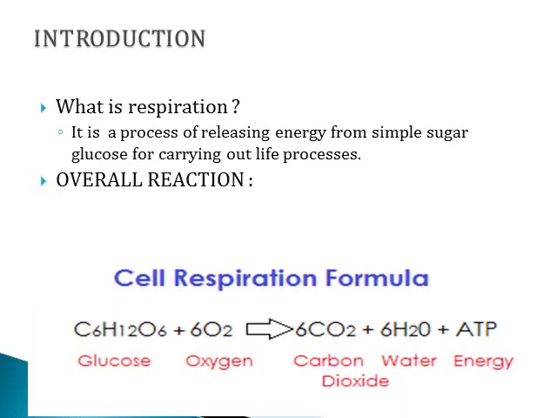Here ATP molecule is the energy molecule, ATP, adenosine triphosphate. As a result of this combination, glucose plus oxygen is broken down or oxidized completely, and it synthesizes the energy in the form of ATP molecule. This is the overall reaction of cellular respiration that occurs in plants.